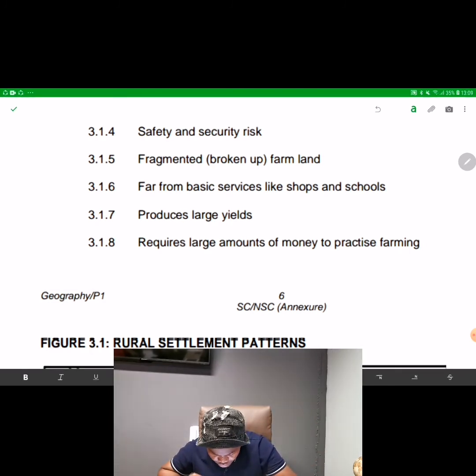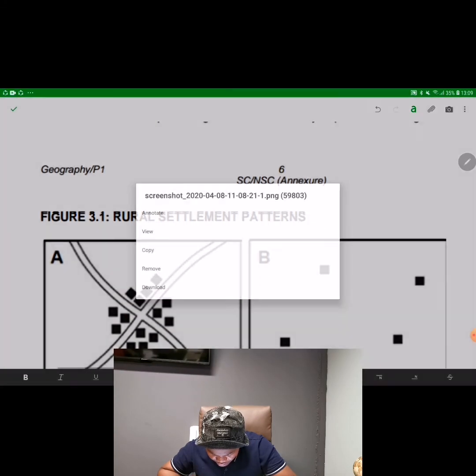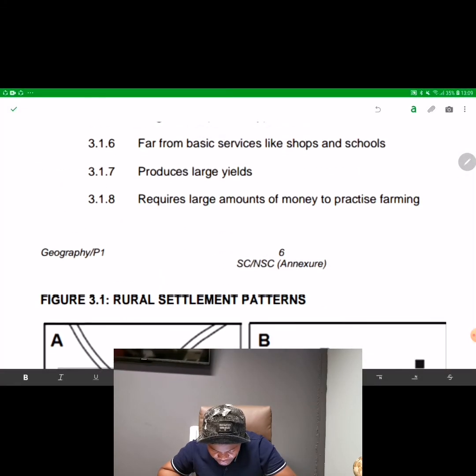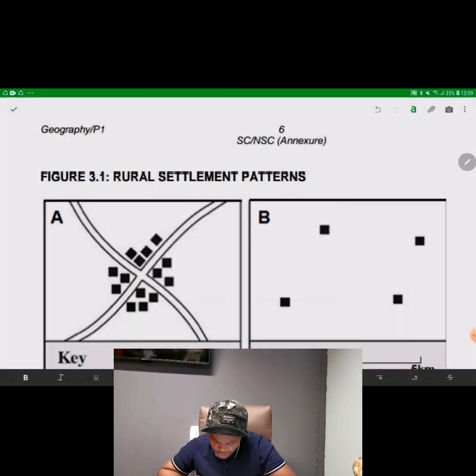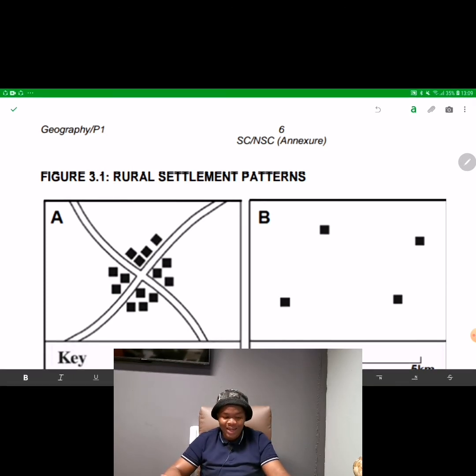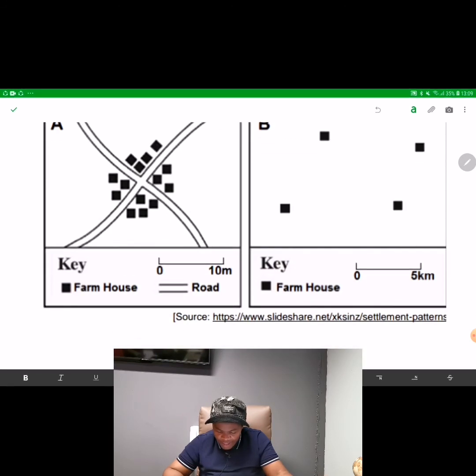And then this one produces large yields, and obviously that is your area B. And then lastly, it requires a large amount of land to practice farming. Obviously it's going to be what? Your area B. So that was just a multiple choice exam question. You can get your 8 marks as easily as that.